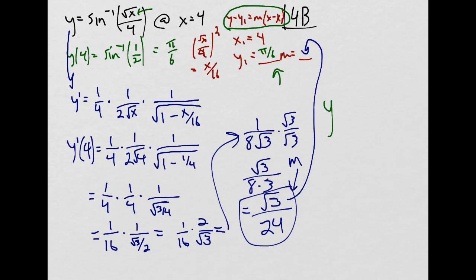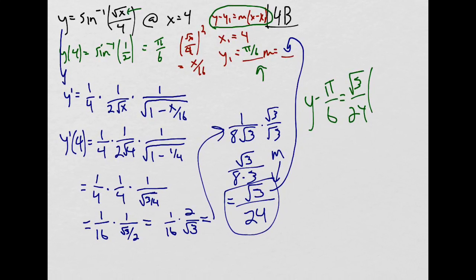So I get y minus pi over 6 equals m, which is all that work to get root 3 over 24, times x minus 4. I really hope I did that right, because I do not want to do that video again. Is it right? y minus pi over 6. Yep. Good to go.